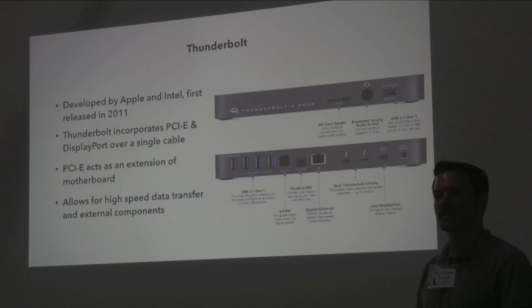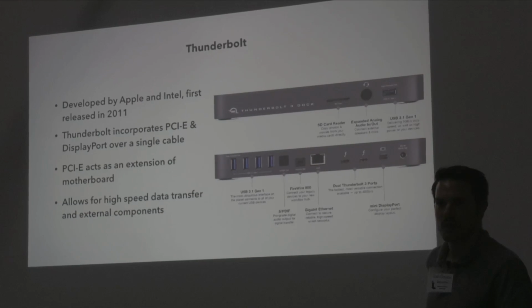PCI Express is the native language of the computer, and Thunderbolt speaks PCI Express. Because of that, it's able to have all of these connections that you would otherwise need built into the computer. For example, on this dock, you've got USB, FireWire, Ethernet, and a display connection, and all of these are being transferred over a single Thunderbolt cable.